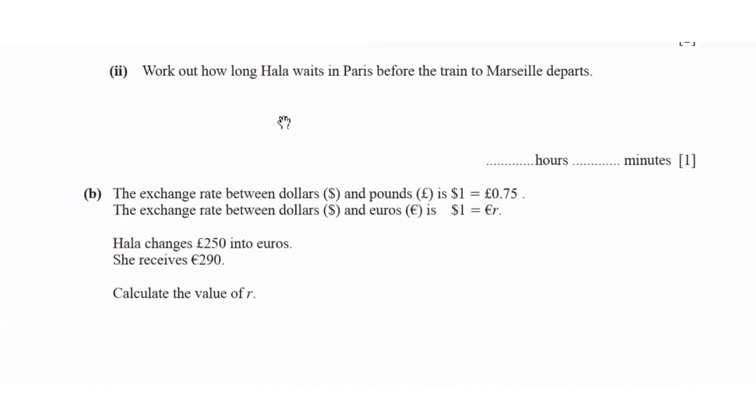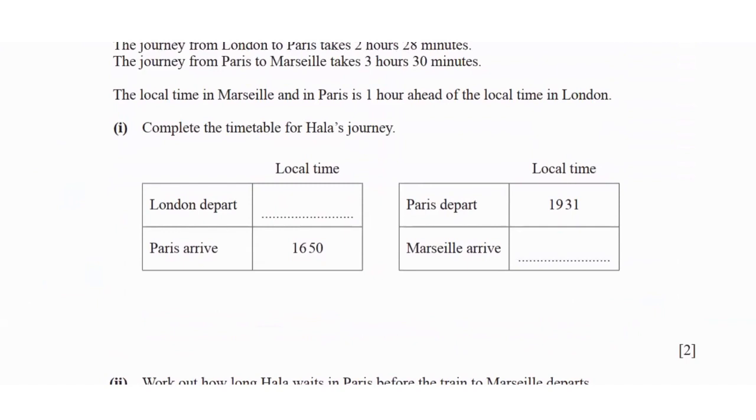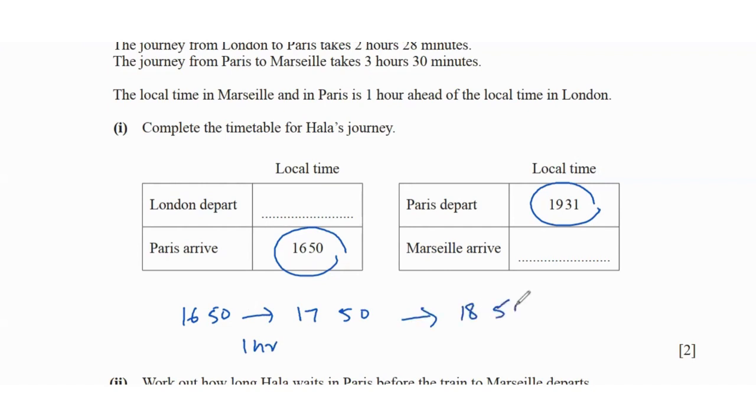And work out how long Hala was in Paris before the train to Marseille departs. So 16:50, 19:31. From 16:50, she goes to 17:50, so that's 1 hour. Then she goes to 18:50, that's another hour. And then from 18:50, it's going to 19:31.